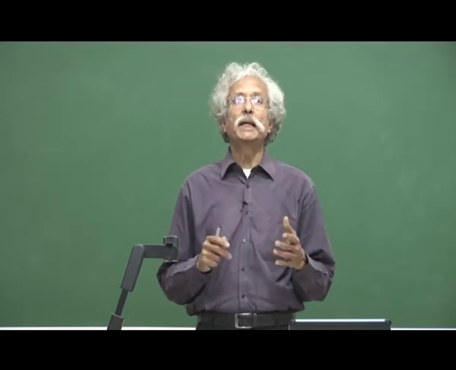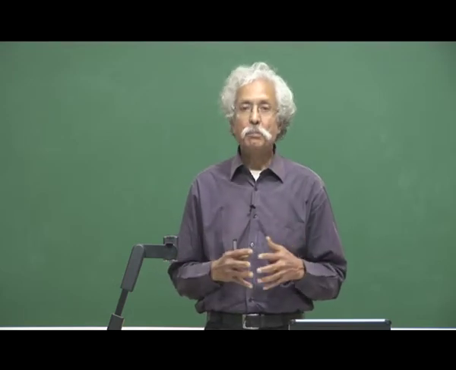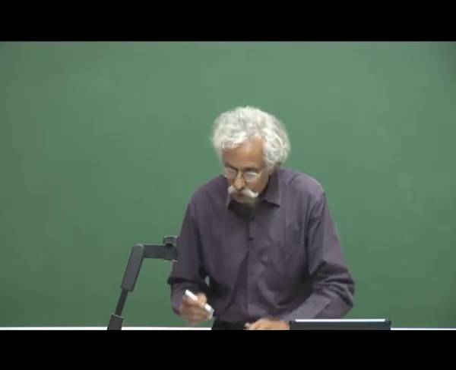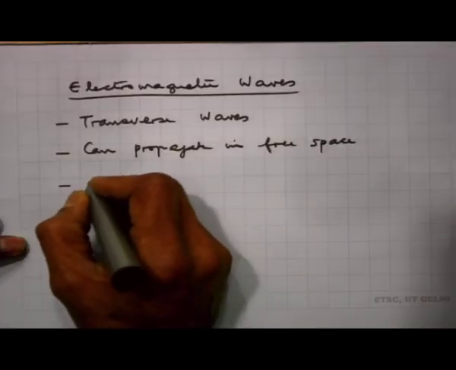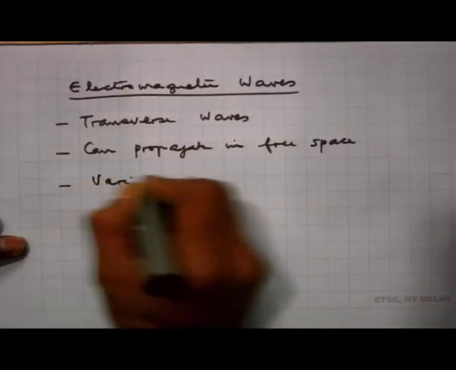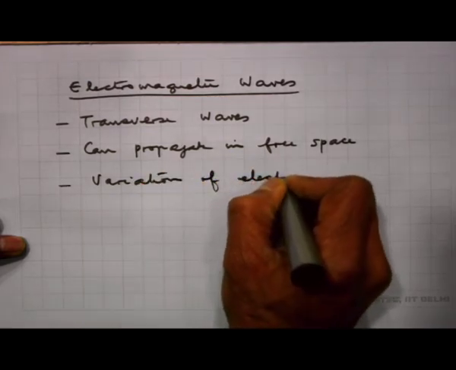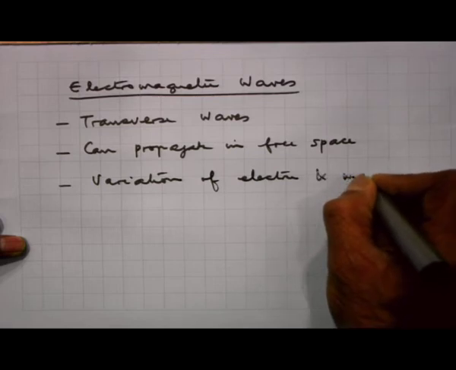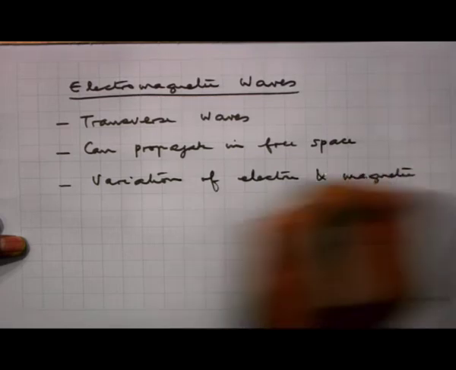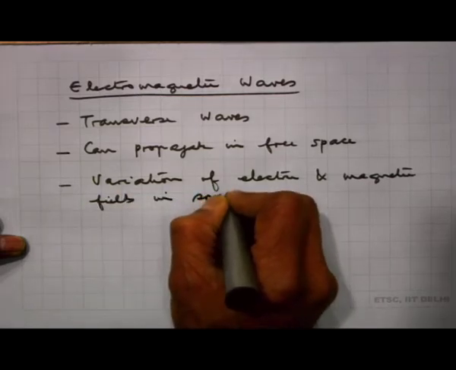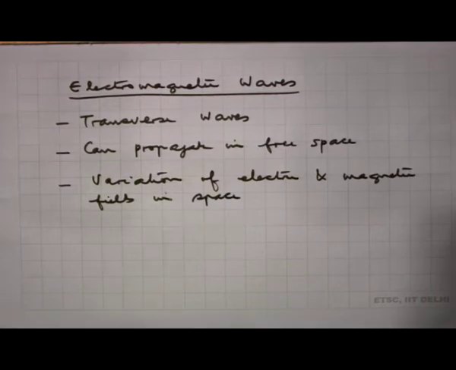Of course, the presence of a medium can change their propagation properties, but you do not need a medium to propagate. And so, these electromagnetic waves are characterized by electric and magnetic fields in space. Electromagnetic waves are waves in electric and magnetic fields.